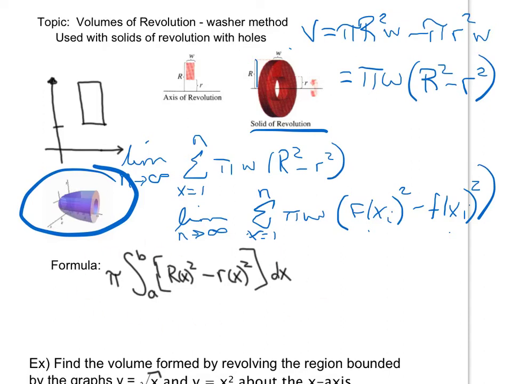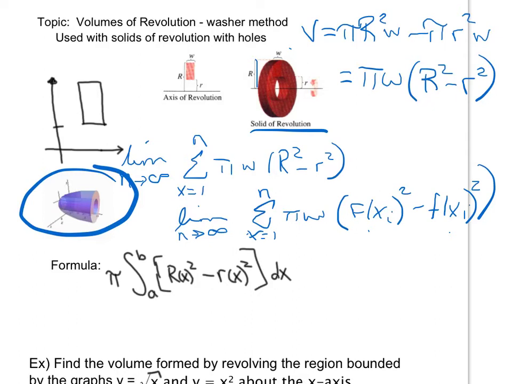Like this. I'm going to pull my pi out since it's a constant. I'm going to go from some a value up to some b value in terms of x of R of x squared minus r of x squared, where big R of x is my big radius or my top function. Little r is my small radius or my bottom function. And then dx stands for my height or my width, depending on how you're thinking of it, of my cylinder.